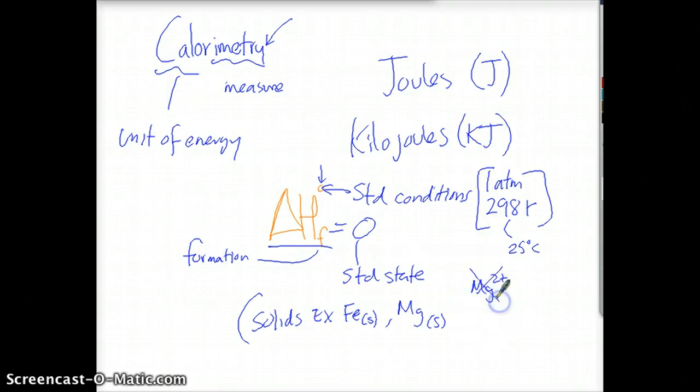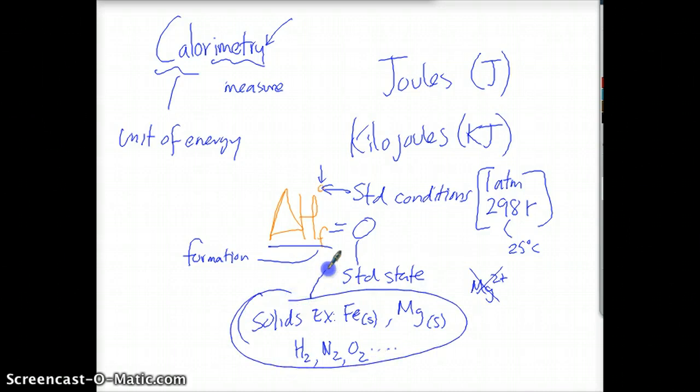This would not have an enthalpy of formation of 0. What are some other examples of molecules in their standard state? All the diatomics, the big 7, the weirdos: H2, N2, O2, and on and on. These all have a delta H of formation of 0. We set that as scientists as our standard, which allows us to make calculations from them.